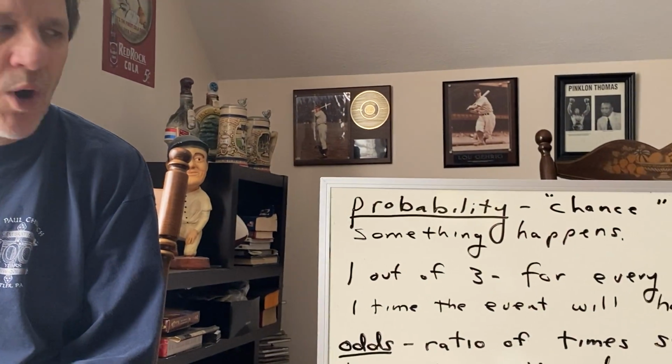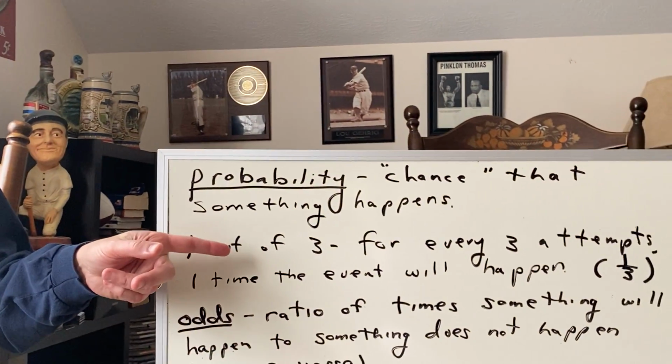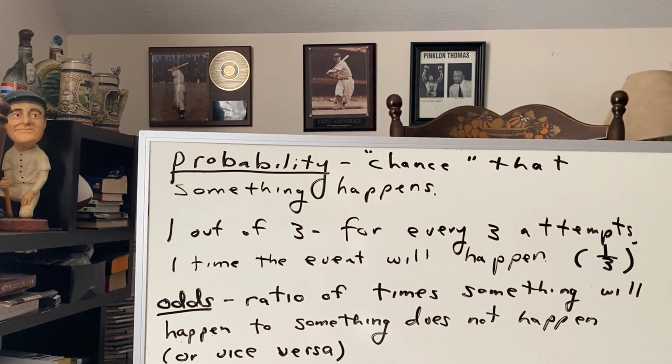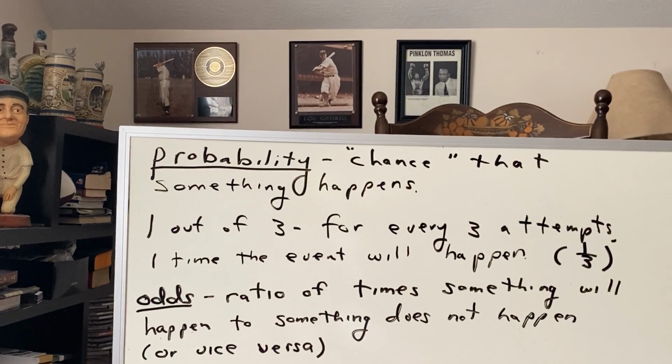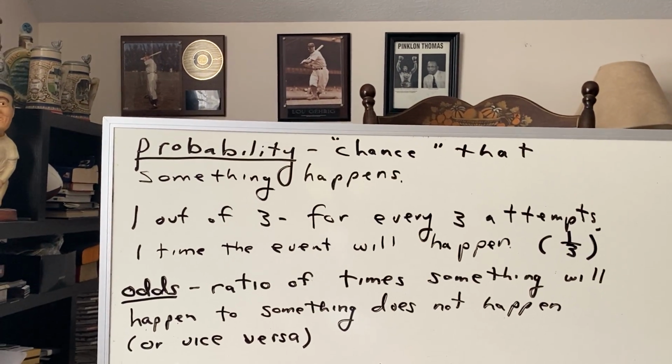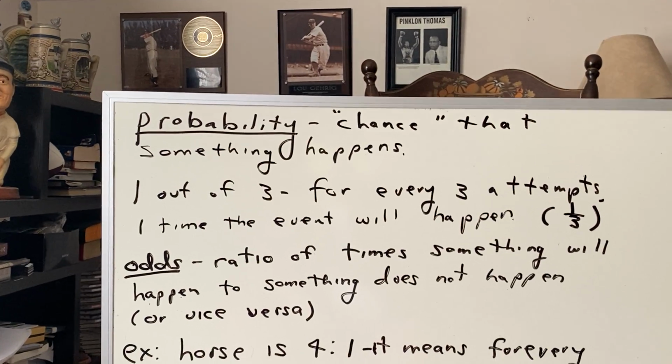Maybe we don't realize that we use it, but for example, if we say that we believe there's a 1 out of 3 chance of something happening, what we're really saying is for every 3 attempts, there is one time that event will happen. Okay, so event is actually anything that we define.